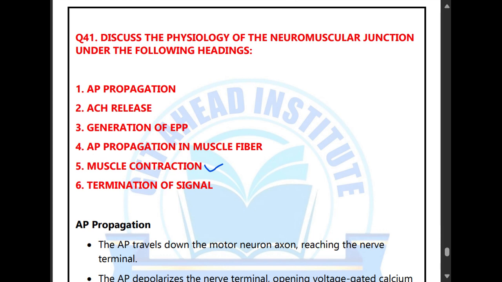The physiology of the neuromuscular junction, the NMJ, involves a series of events starting with the action potential traveling down the motor neuron, reaching the synaptic terminals.